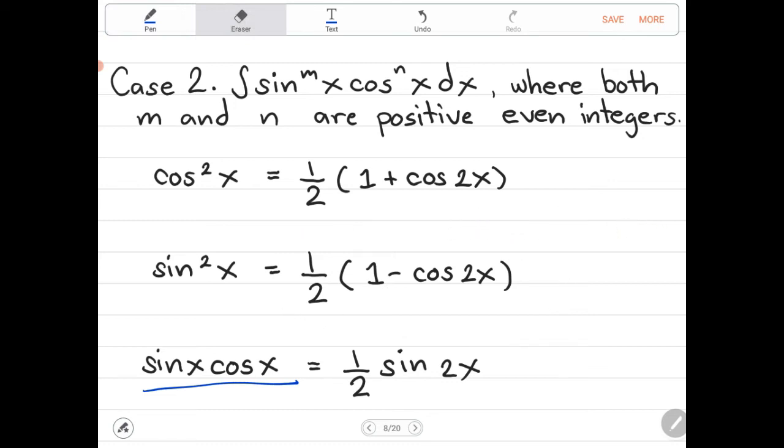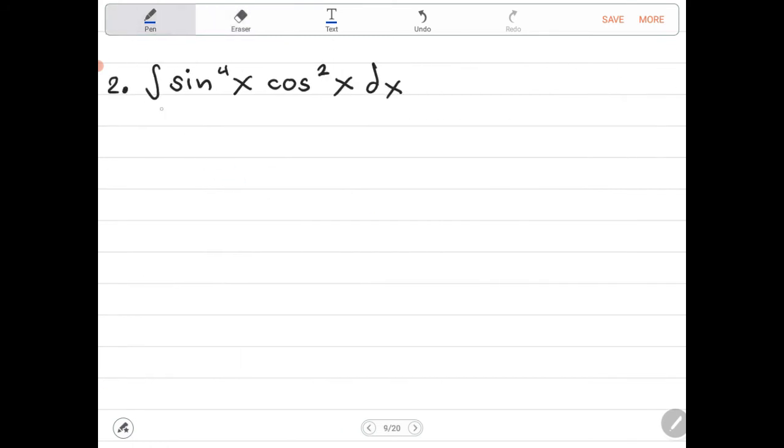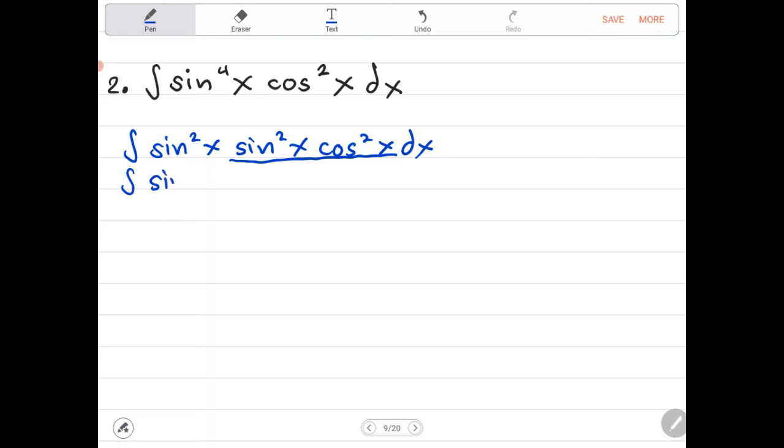Okay? So let us decompose first. This is the integral of sine squared x, cosine squared x dx. Okay? So look at this. We can rewrite it as the integral of sine squared x, sine x cosine x squared dx. They are the same, right? Okay? So now we can use the substitution.